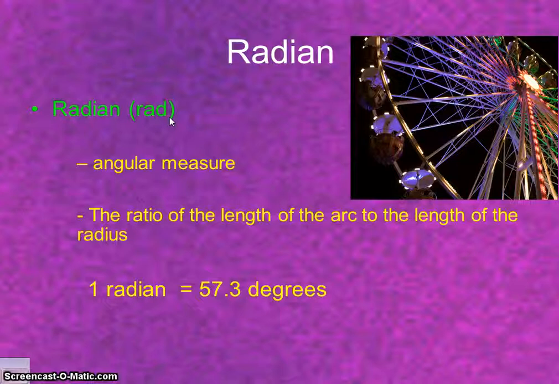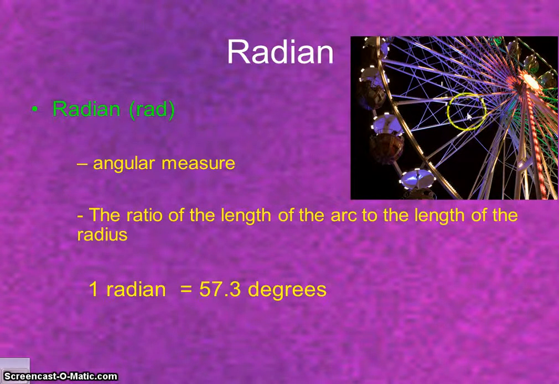Well, you have a picture here of the Ferris wheel, and basically what a radian is when you get your radius. Okay, one of these bars would be the radius of this wheel. Here's the center. All right, here's more or less the edge. When this radius equals the same amount of arc, probably to about here, and you measure this degree right here, from here to here, it's going to be 57.3 degrees.